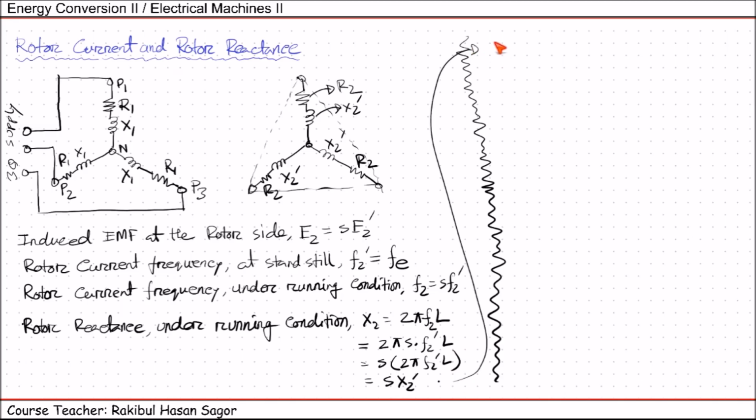From here we can write where X2 prime, which can be considered as the rotor reactance at standstill.